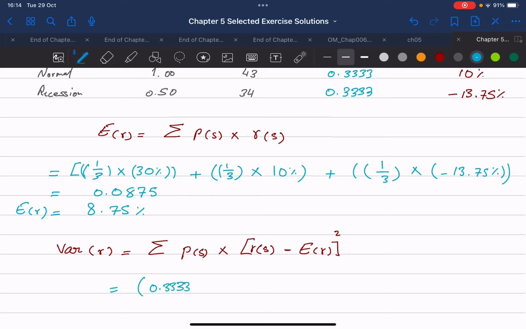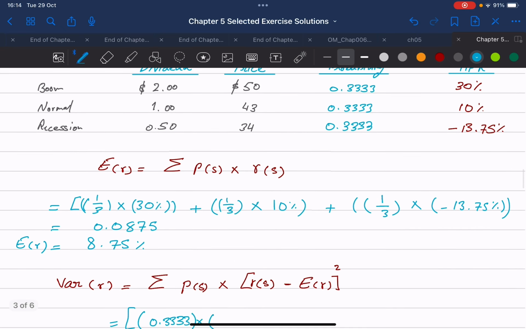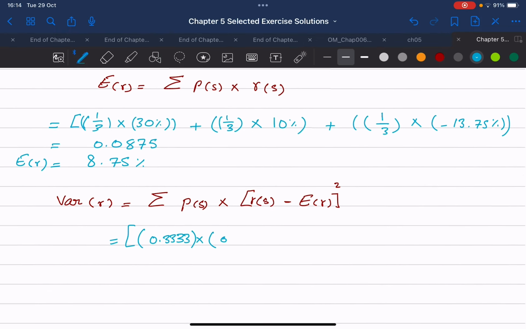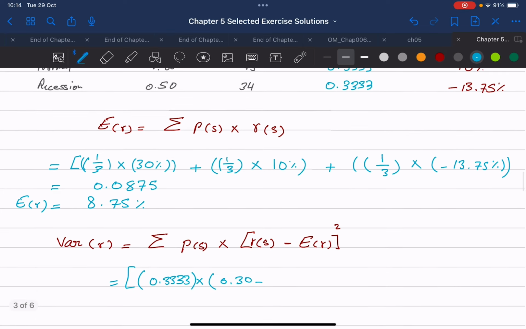So we'll say equals 0.3333 multiplied by 30%, which is 0.30 minus the expected return we already calculated here in the step before, which represents the mean.